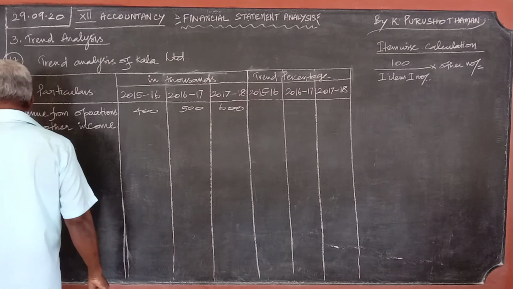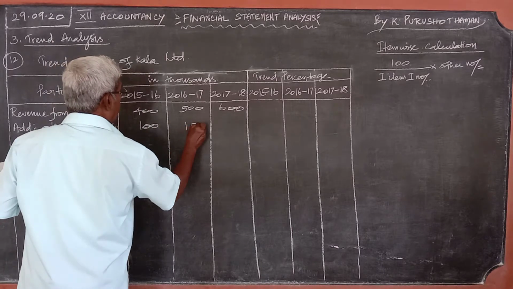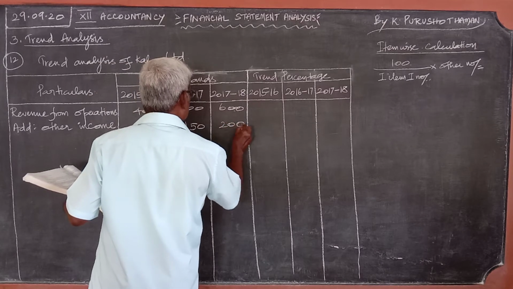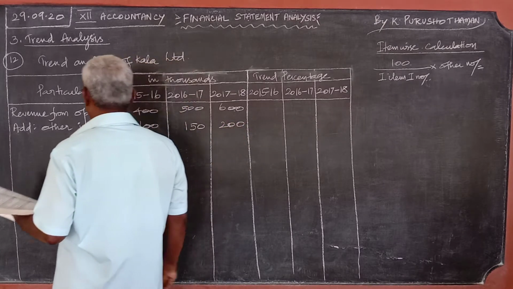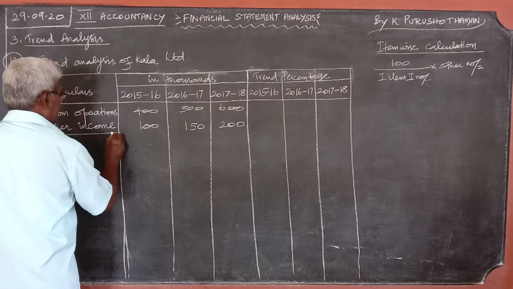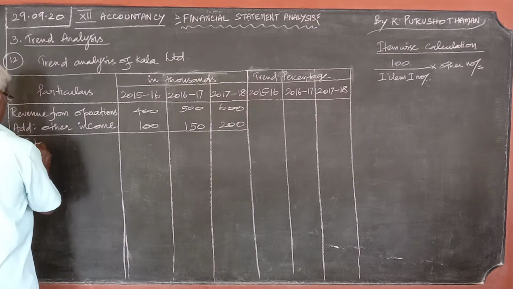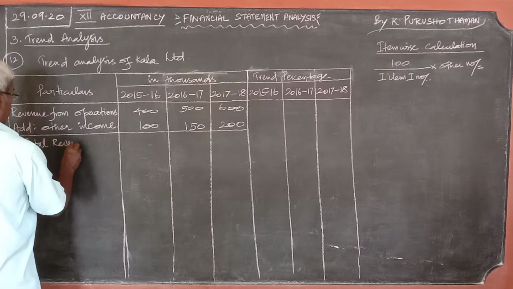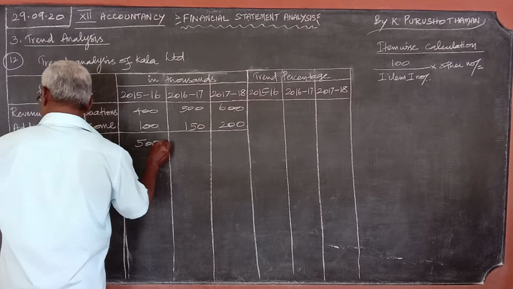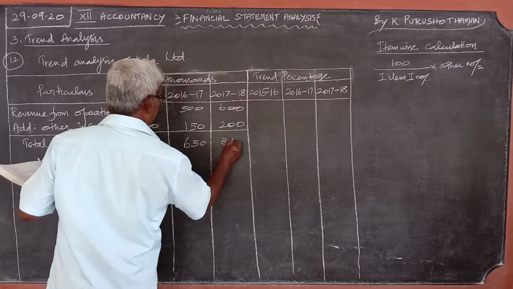Other income 100, 150, 200. Then if you add, this will be total revenue: 500, 650, 800.